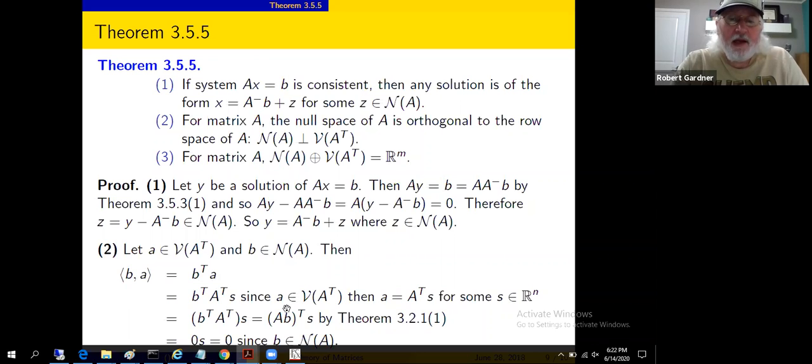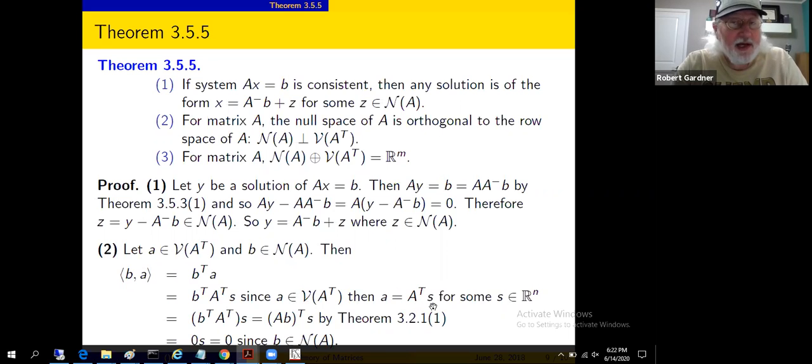Okay, a is an element of the column space of A transpose. The column space of A transpose, that's the row space, right? So a is an element of the column space of A transpose. Then a is a linear combination of the columns of A transpose. How could you express a linear combination?